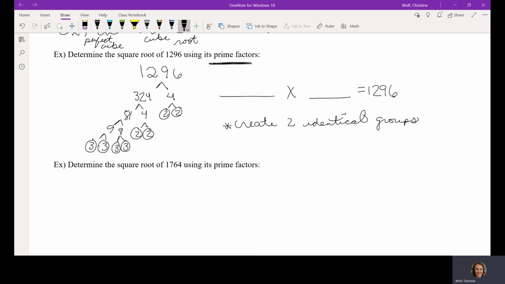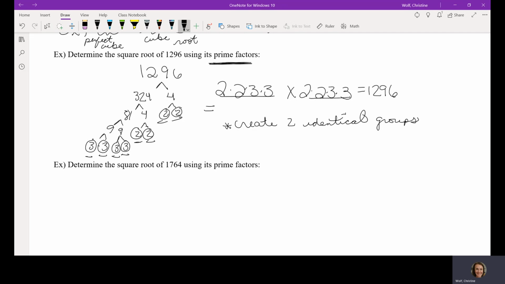If I want to create 2 identical groups, since I have 4 2s, each group gets 2. And because I have 4 3s, each group gets 2. So I have taken all of my prime factors and split them up into 2 identical groups.